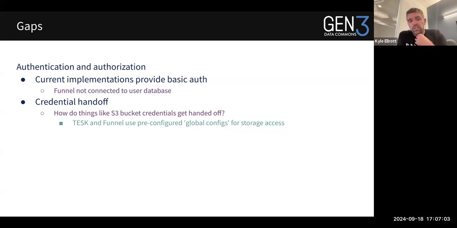So connecting a TES server to Gen3 to manage that conversation, to say, okay, here are these tokens that have been passed, who can I actually talk to, and figure out each one of these elements, that's an opportunity to connect one of these TES servers to Gen3 and use its infrastructure to manage the whole security conversation. Because one of the other necessary elements is how do things like S3 credentials get stored?